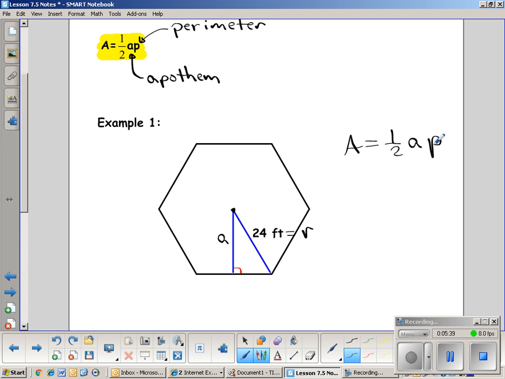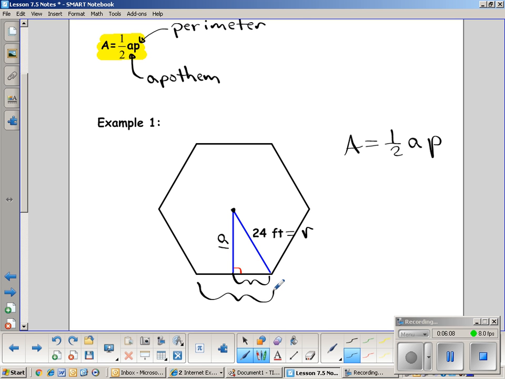Is R part of that perimeter? No. So R isn't something we really need for the formula, is it? But do you agree it's the only thing they gave us here? Yeah. So in other words, we have to find A, don't we? We have to find A, and this side here is how much of this?